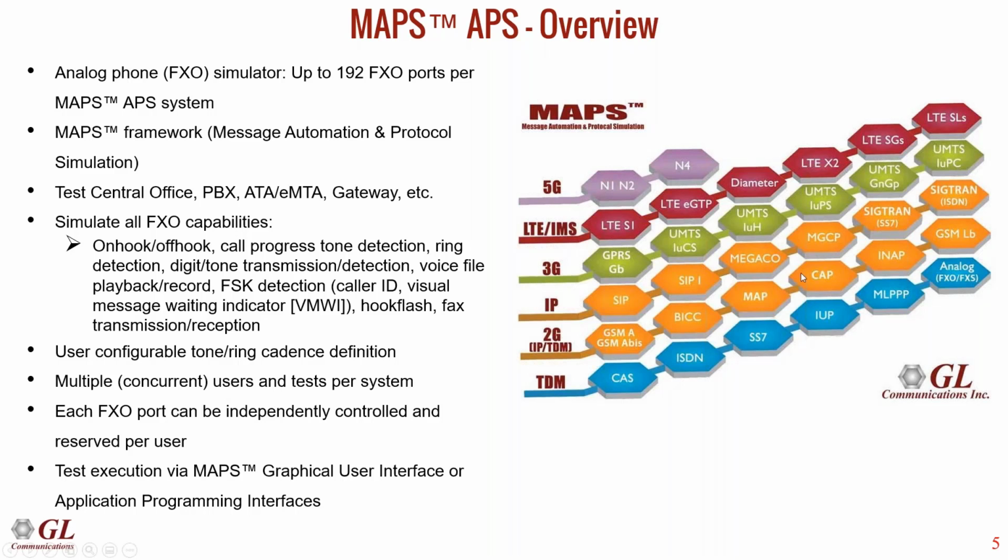So as you see here on the right in this graphic, these are literally a lot of the different protocols that we can simulate with our MAPS platform. So whether you're on a TDM network, 2G, 3G, Ethernet IP, 4G, LTE, 5G, we can simulate a lot of different interfaces and a lot of different protocols on these networks.